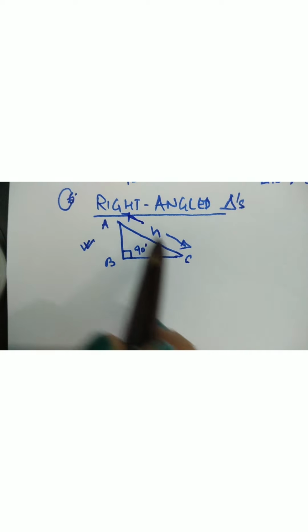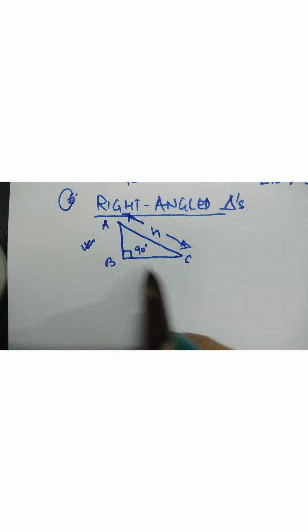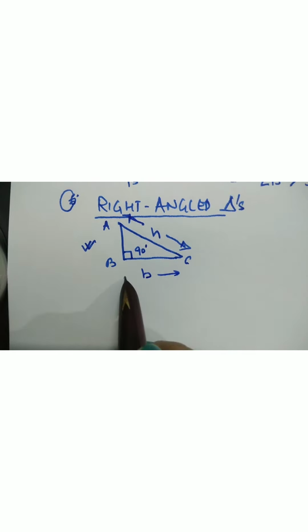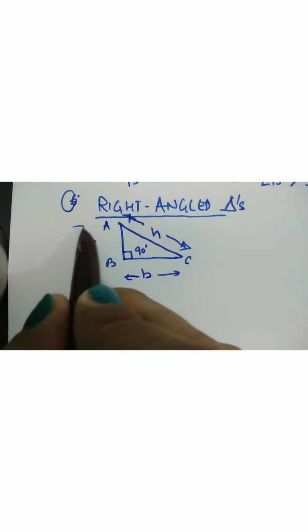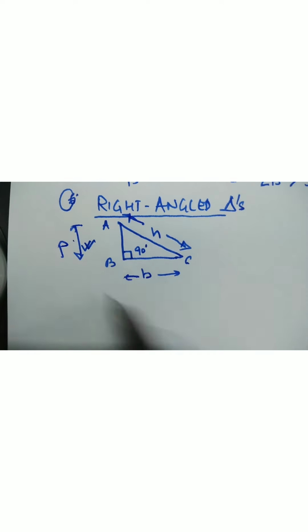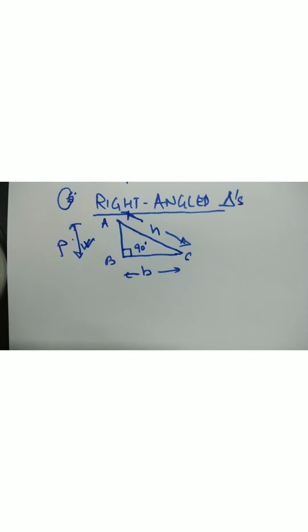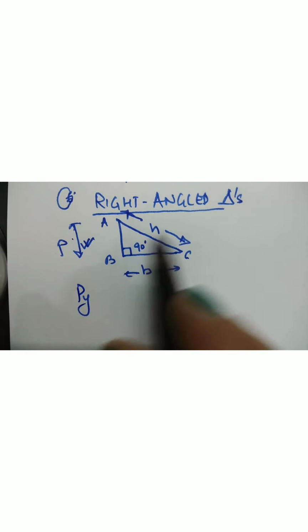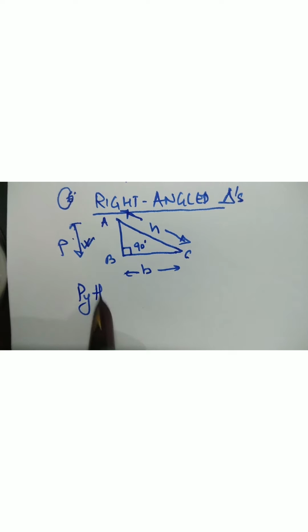Suppose the hypotenuse is of length h. The side BC, I am going to call it b, and this side AB, suppose this is equal to p. In that case, I hope you must remember the formula for the Pythagoras theorem, which is applicable for all right angle triangles, which we will be using very frequently in our subsequent lessons.